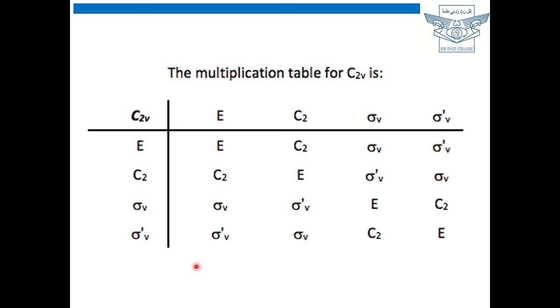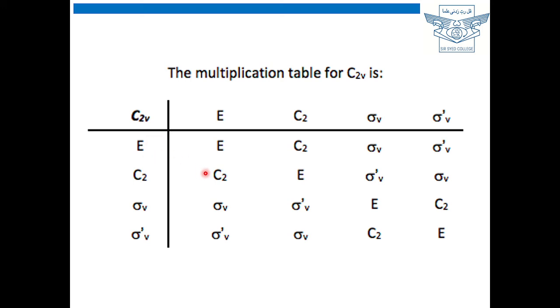Now, if you perform different symmetry operations using all the symmetry elements, you will get one or the other symmetry element.